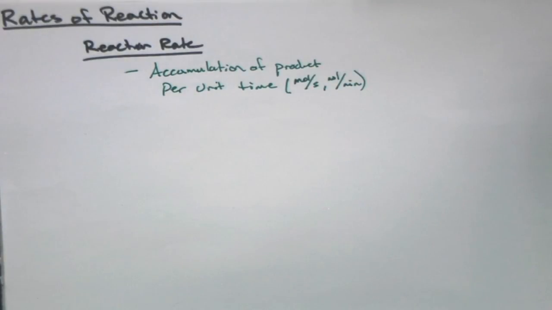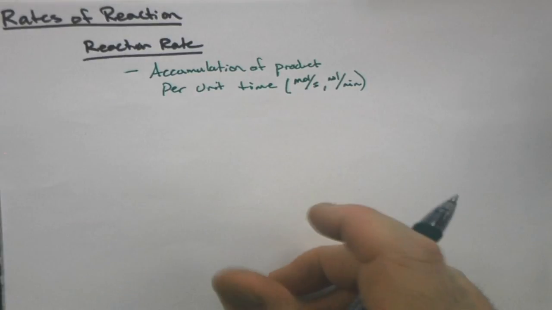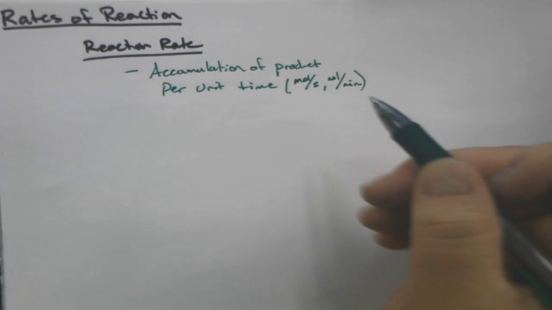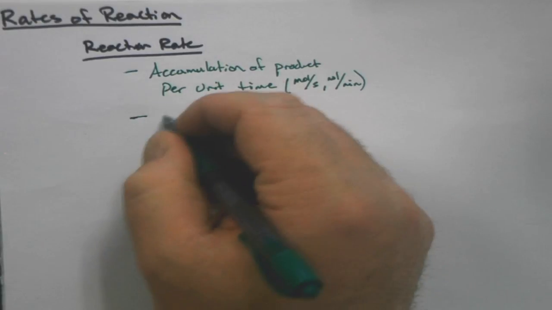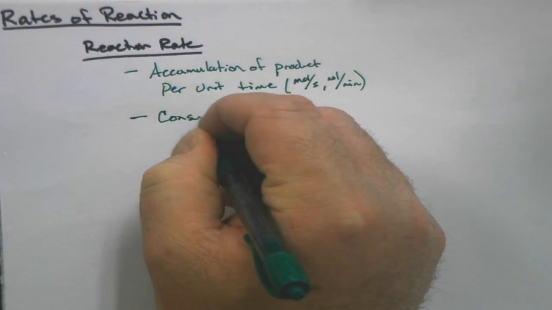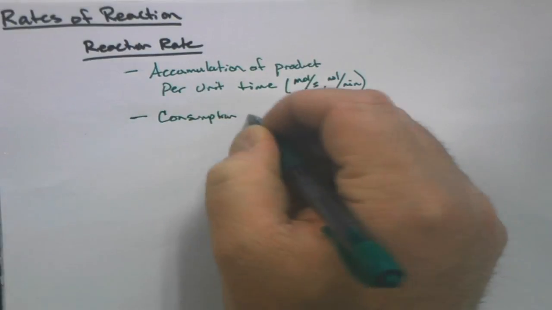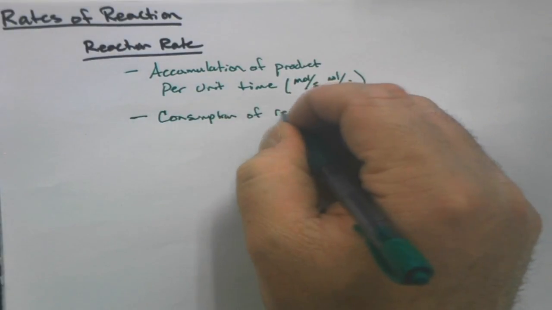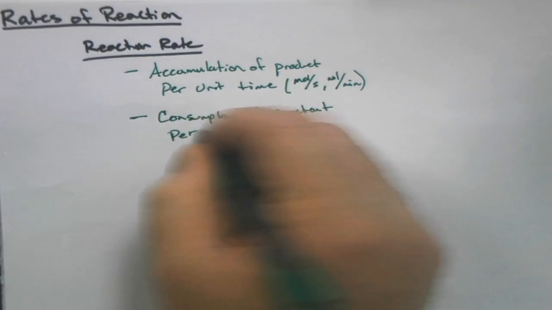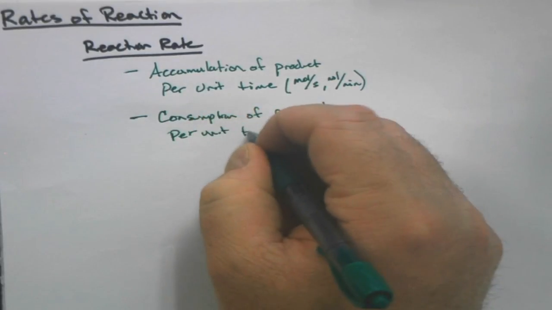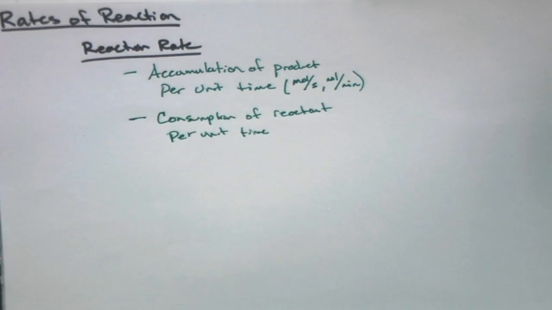It's just some kind of rate. It's usually moles per second that we calculate. Or it is the consumption of reactant per unit time. Again, moles per second or moles per minute or something like that.